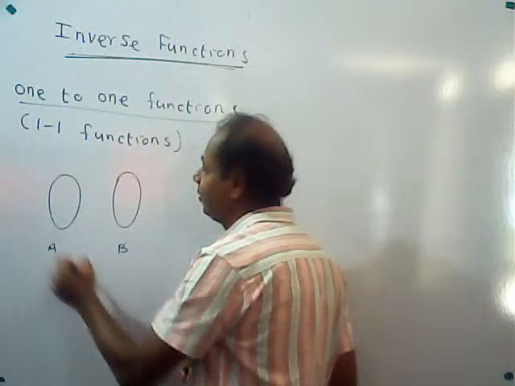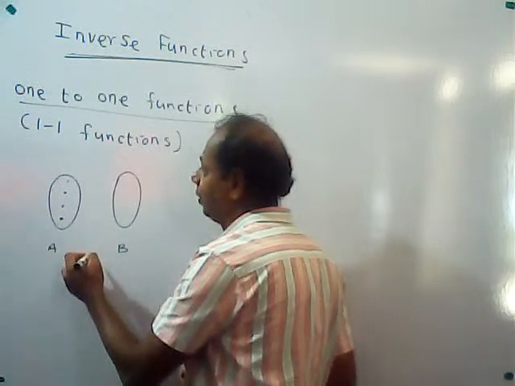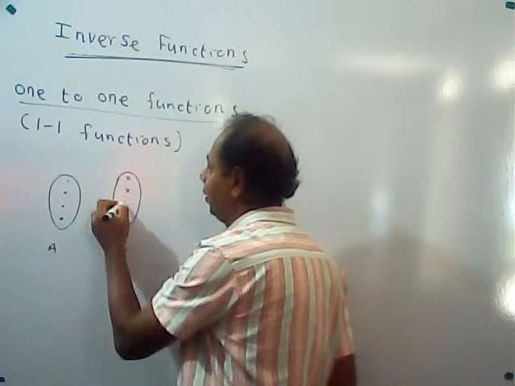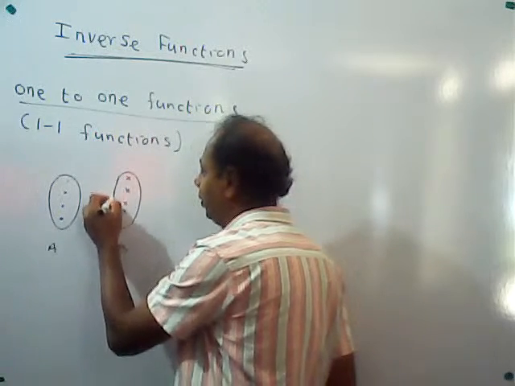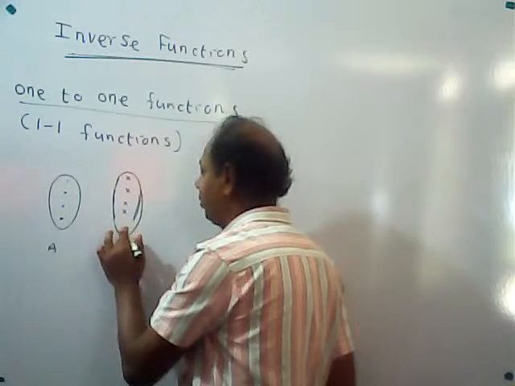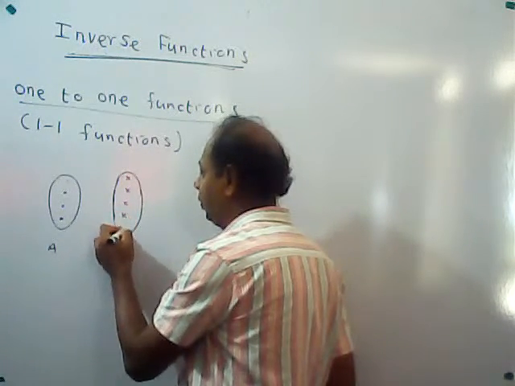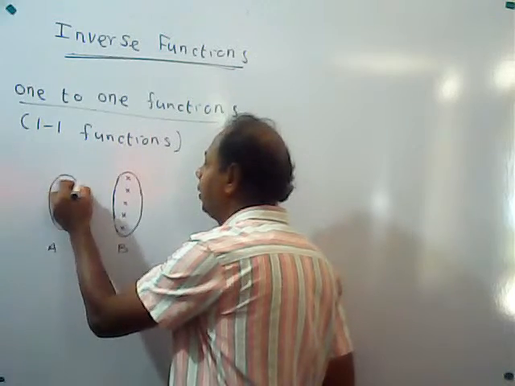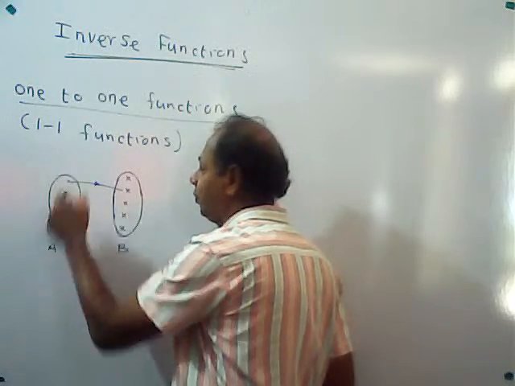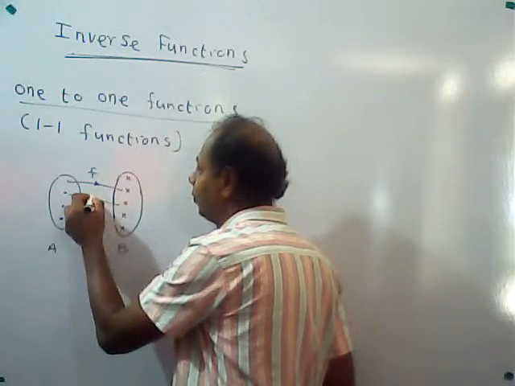Take 2 non-empty sets A and B. Connect the elements of A with elements of B via some rule.